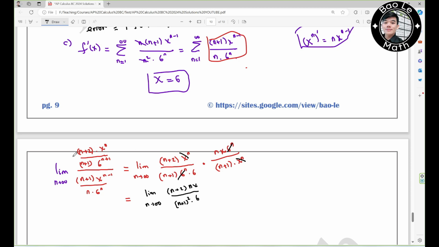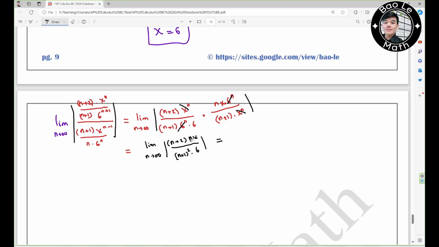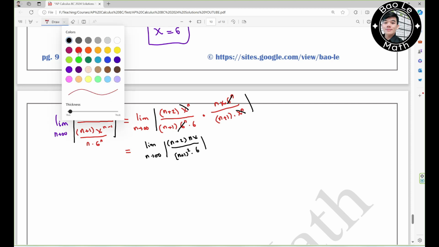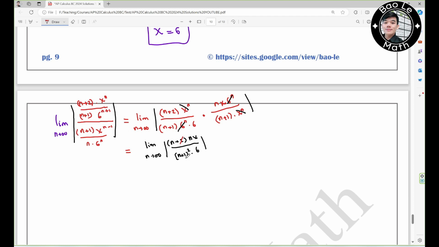Alright, oh, I forgot to put the absolute value. At this time, we have two different ways to calculate this one. Now, when n approaches infinity, n right here is much larger than 2, so we just ignore 2. Alright? We just ignore 1. So it turns out to be the limit when n approaches infinity.